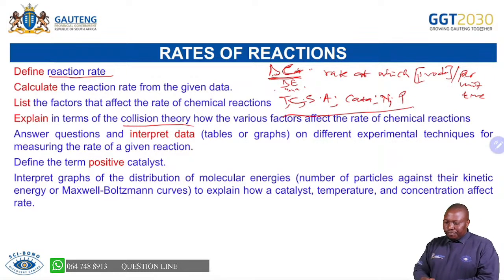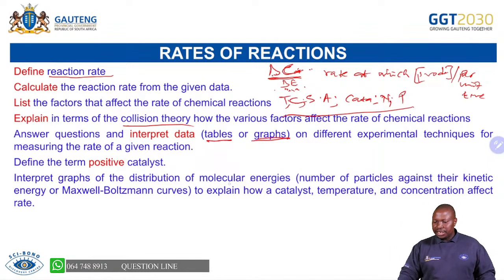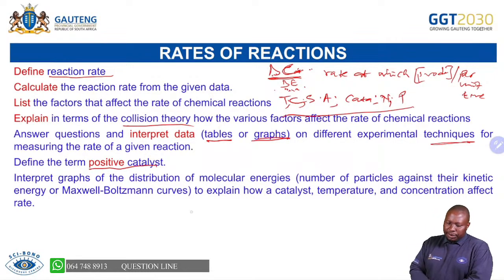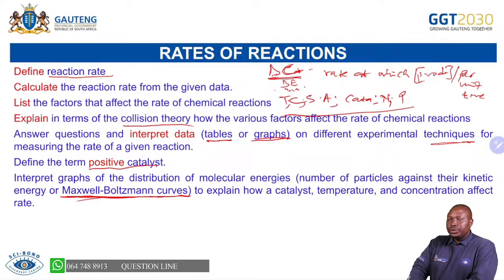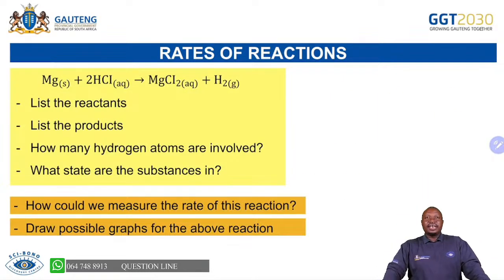Still here, you will find your questions in table form or graphs, and mostly you will be dealing with experiments or investigations that were done using different experimental techniques. You must be able to define your positive catalyst. You must be able to draw the Maxwell-Boltzmann distribution curves. So those are things that you must emphasize as far as you are dealing with the rates of reactions.